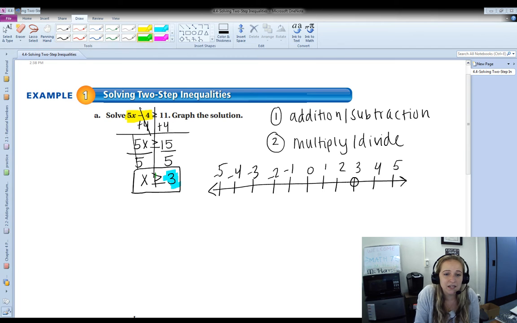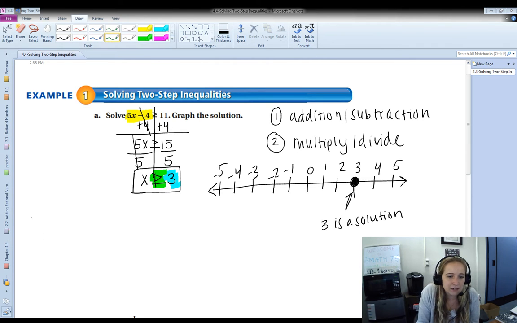Take a peek at the inequality symbol here. Should we fill in the circle or leave it open? Hopefully you said we should fill in the circle because there is that line underneath it, okay? So 3 is a solution for the x because it says x has to be greater than or equal to 3. So that means it can be 3 as well.